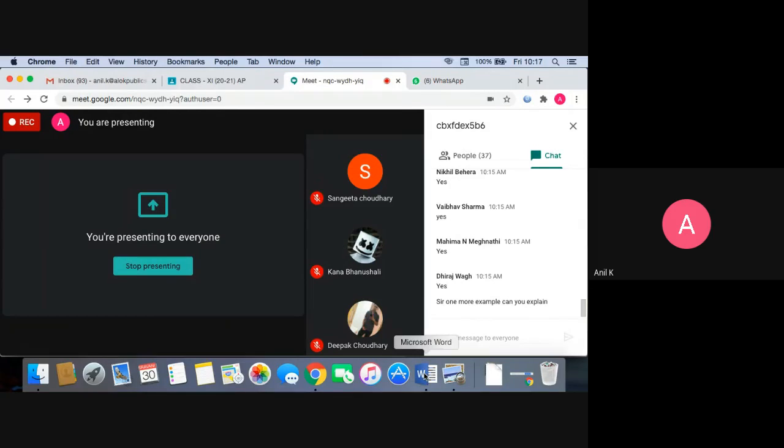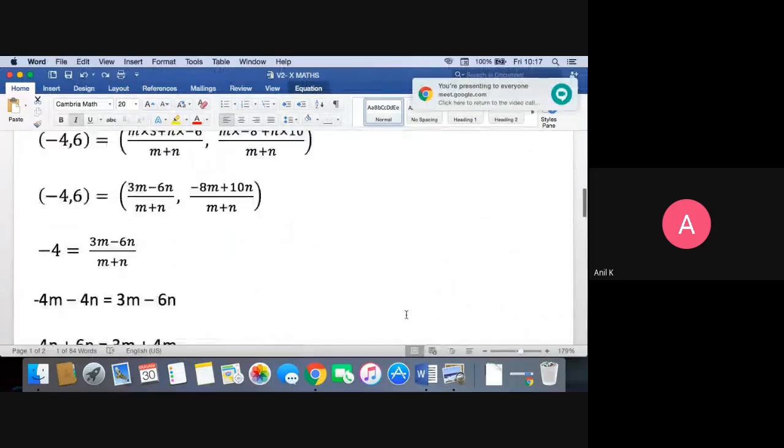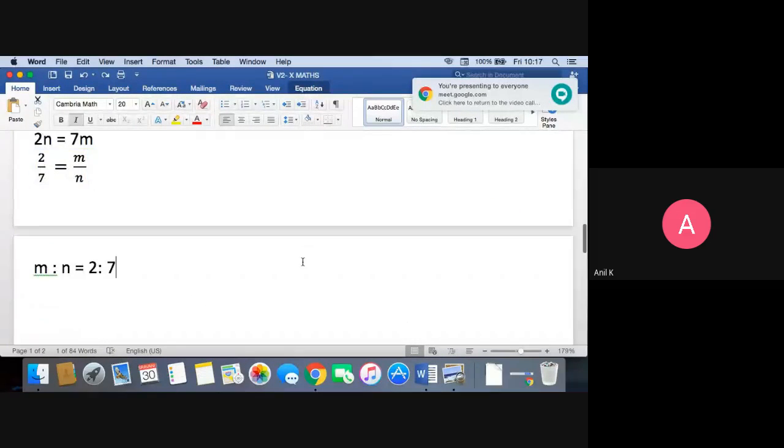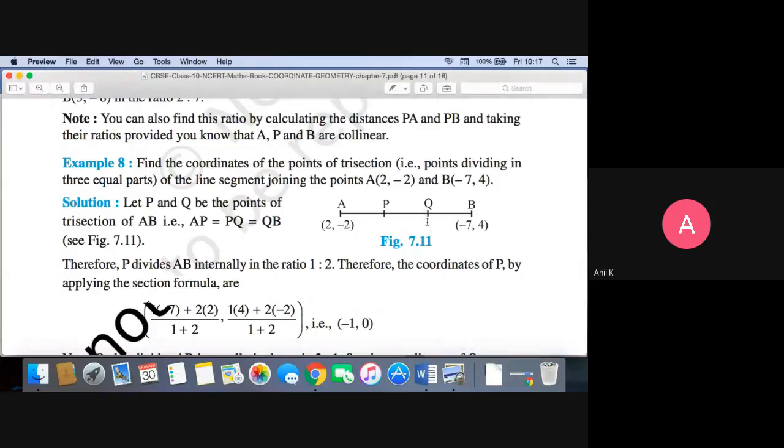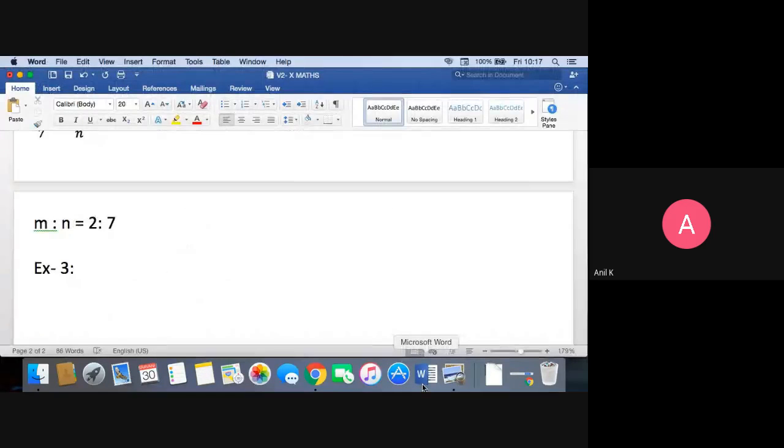Now, today's class is all about this one only. Okay, let me start the next example. This is example B. What points are given to us? 2, minus 7, 4. 2, minus 2.